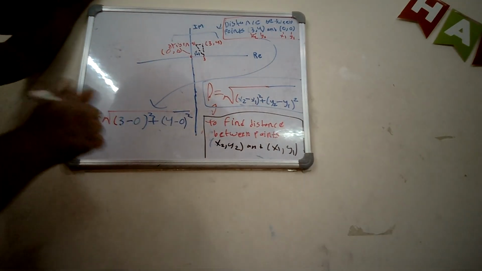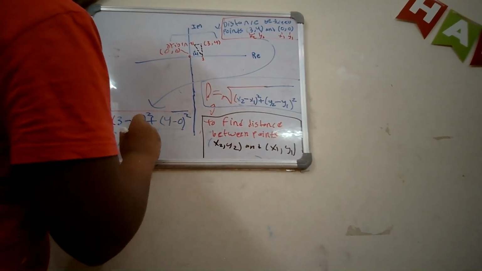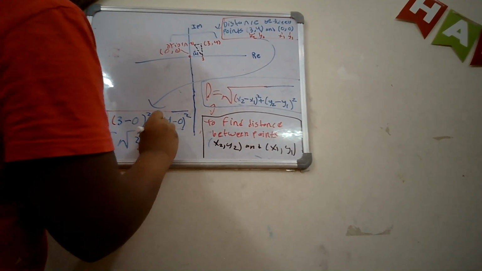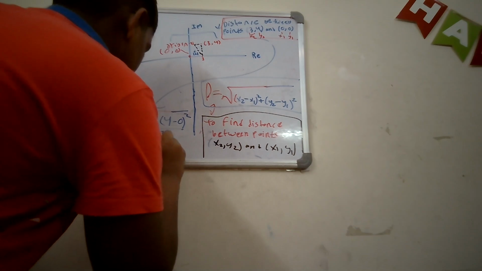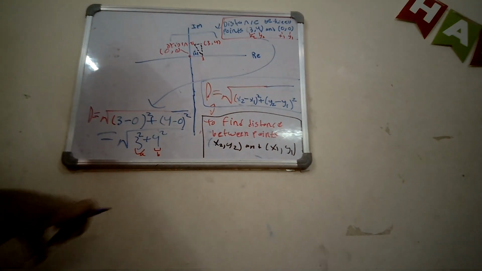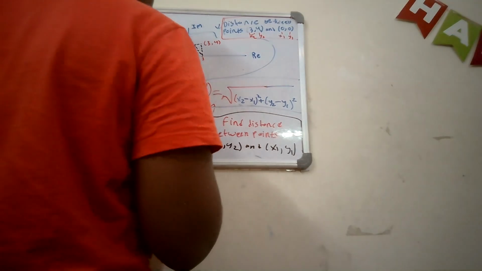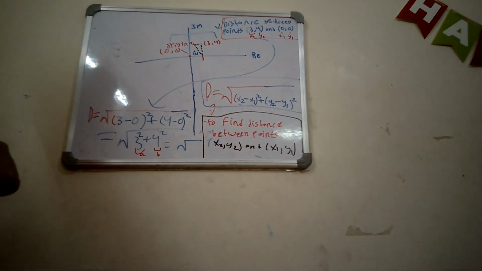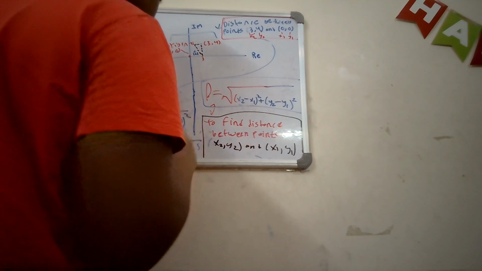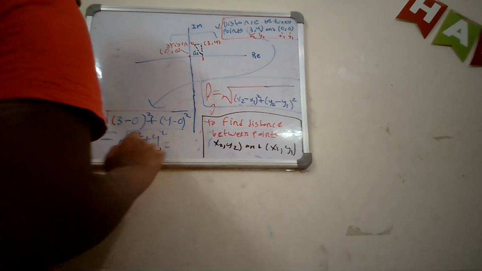Okay? Now with this, we get the square root of 3 squared plus 4 squared. And when we simplify this, 3 squared plus 4 squared, 9 plus 16, is 25. So this would be the square root of 25, which is equal to 5.